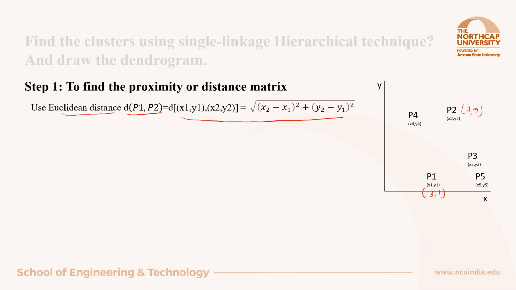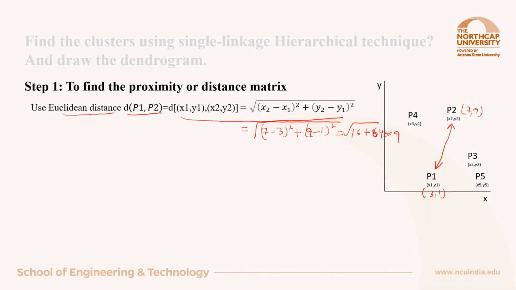So using this formula, the distance is the square root of (7 minus 3) square plus (9 minus 1) square, which is 4 square as 16 plus 8 square as 64 under the root, which is approximately equal to 9.